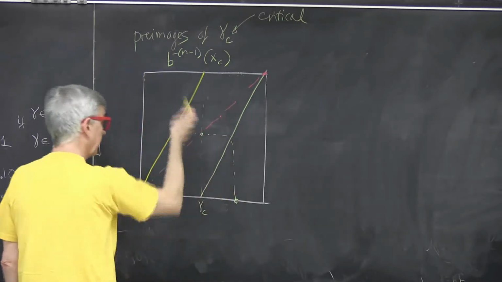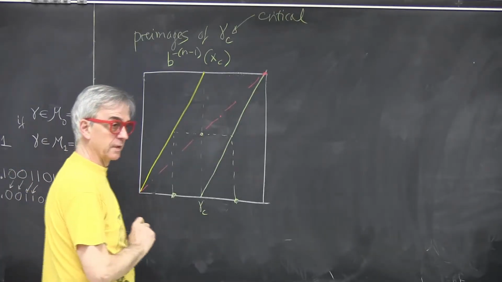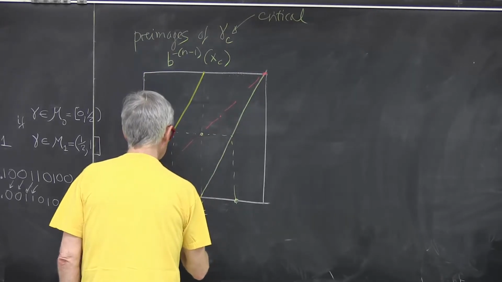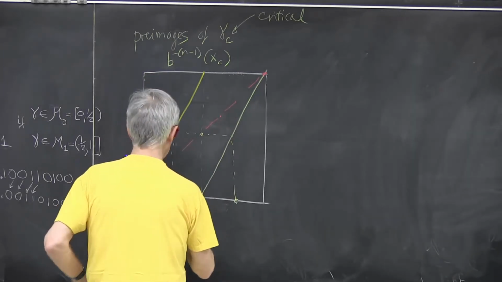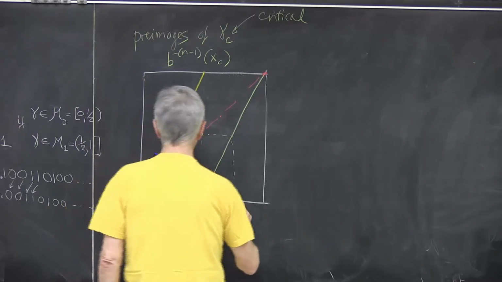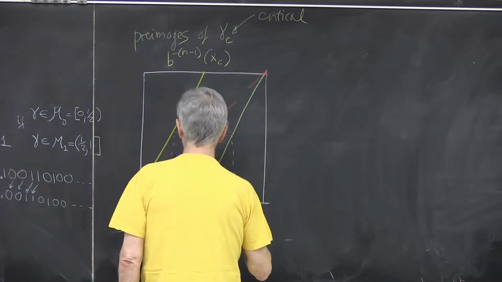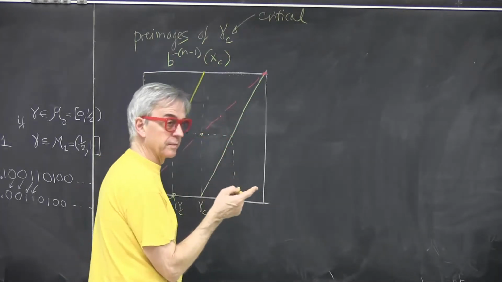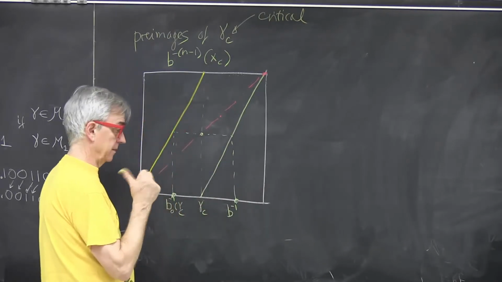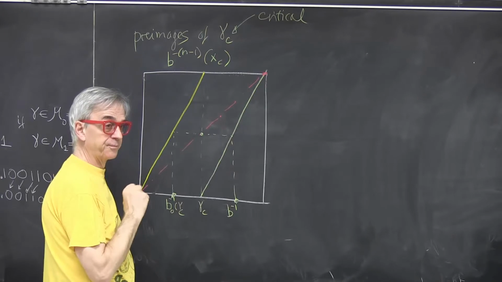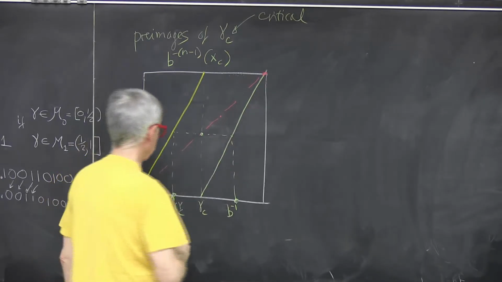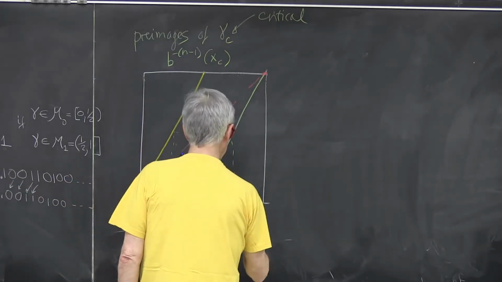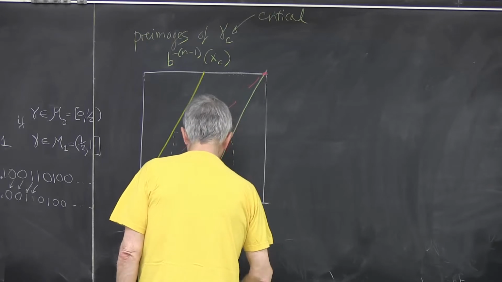Even though the value of the critical point itself is not defined, the pre-images are well defined. So there is a B0, the left branch of the critical point here, and there is a B0 minus 1. So this map is deterministic forward in time, but backward in time it always has pairs of solutions. So I pick both of them. I have to specify which one, and that I do by saying which branch I pick there.